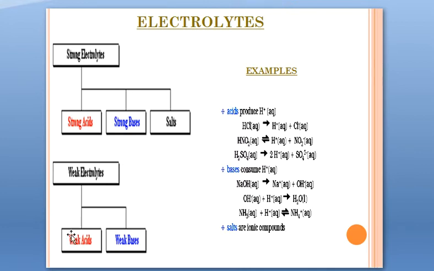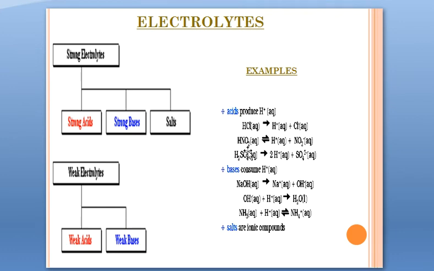Weak electrolytes, it can be a weak acid, it can be a weak base. I have taken a few examples on this side. Acids produce H+. By definition, acid chahe strong ho ya weak ho, it's a substance that produces H+ when dissolved in water. Now HCl is a strong acid, thus a strong electrolyte. Dissociates completely, that is why this arrow, into H+ and Cl-.